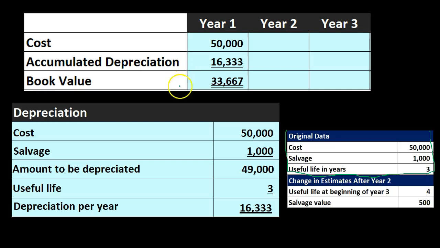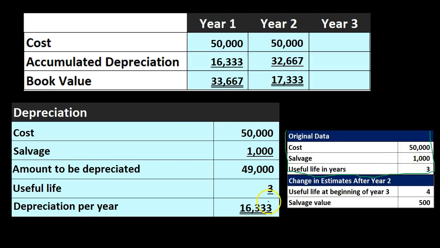If we had a straight line method, which we calculated here, and we did that for year 2, we would still have a cost of 50,000, and the accumulated depreciation now would be that 16,333 from the prior year plus the current year's 16,333, or 32,667. Then the 50,000 minus the 32,667 would give us that 17,333. Now we would do this for another year, and if we did that under the normal method, we would get down to a salvage value of 1,000, the useful life having been completed, and we would have fully depreciated.